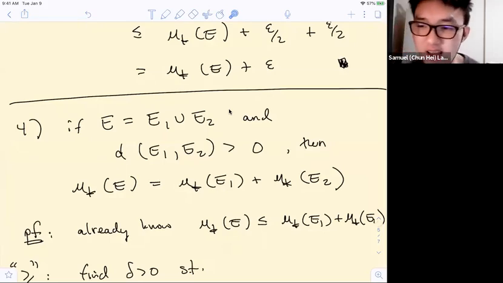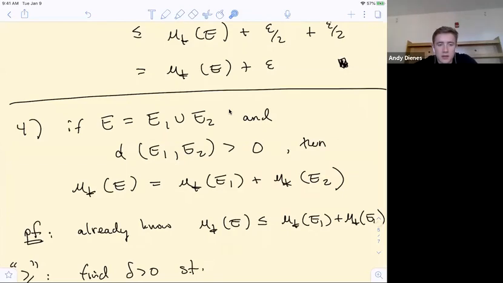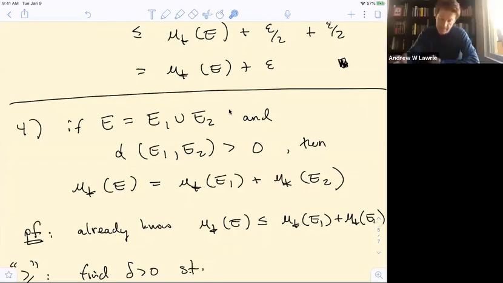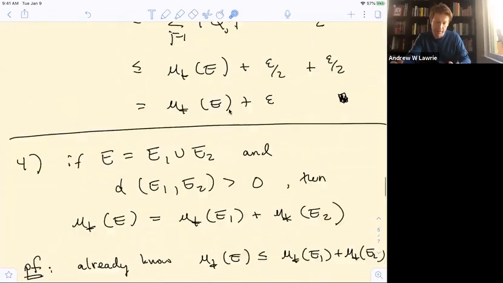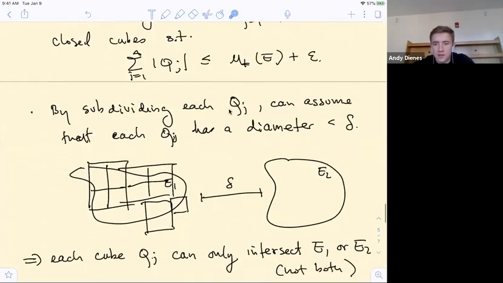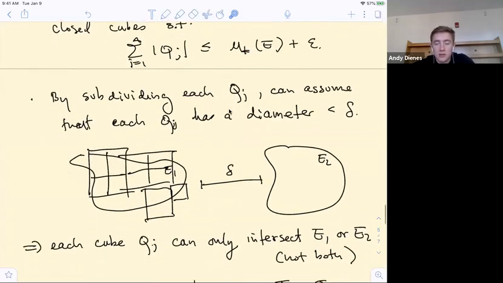I also had a question about the step where we subdivided the closed cubes. Does that require that we restrict again to the case where the measure is finite? Because otherwise we might not be able to subdivide into countably many smaller cubes?